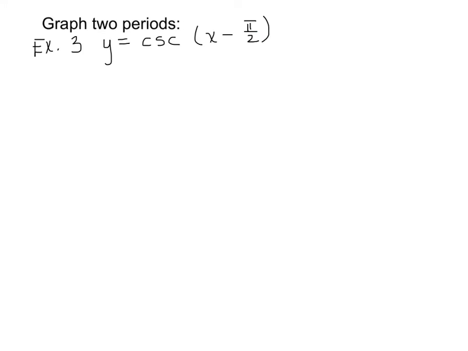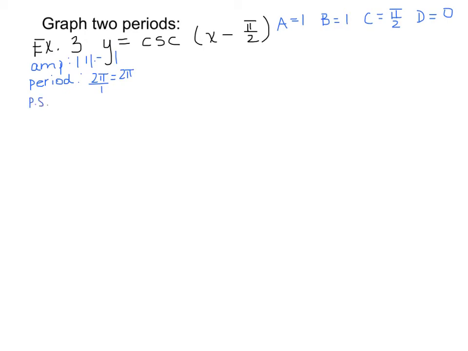Okay, let's see what happens when we have a phase shift. So A is 1, B is 1, C, remember, is opposite, that's pi over 2, and D is 0. So my amp, absolute value 1, which is 1. My period is 2 pi over B, which is still 2 pi.